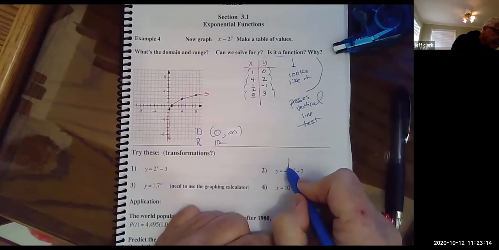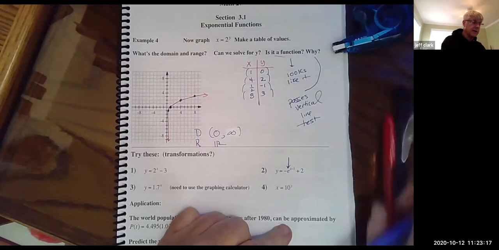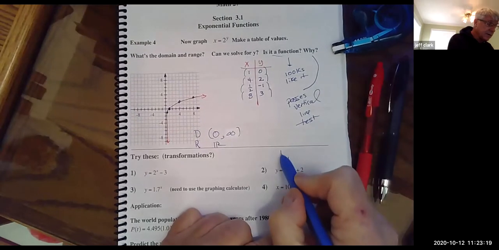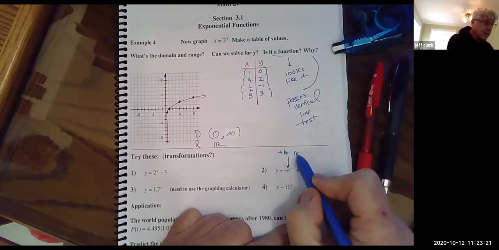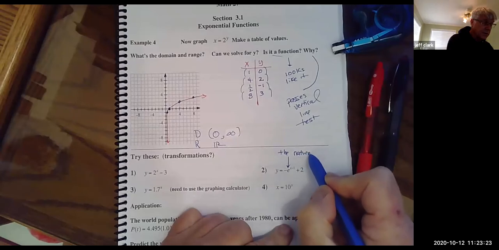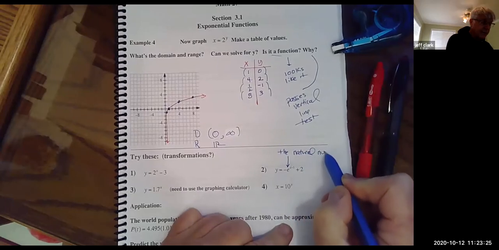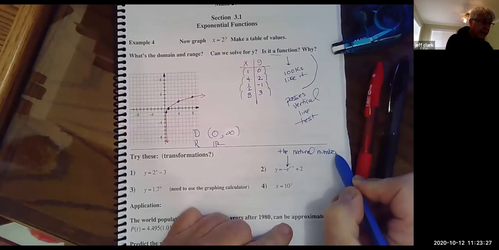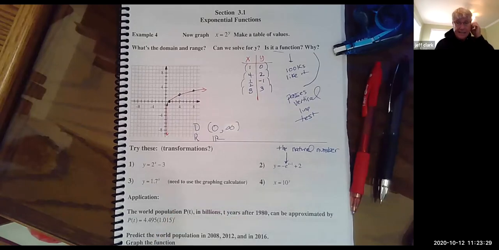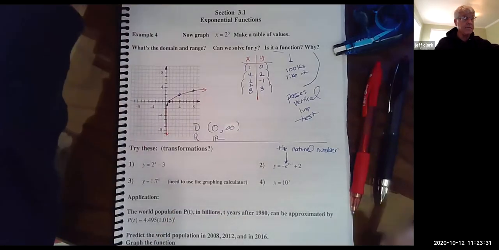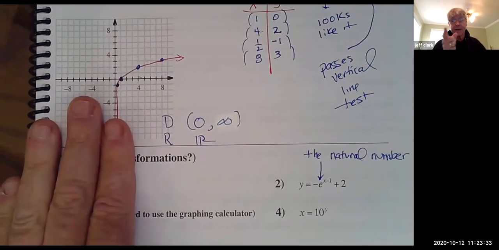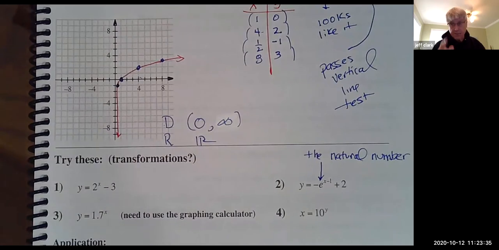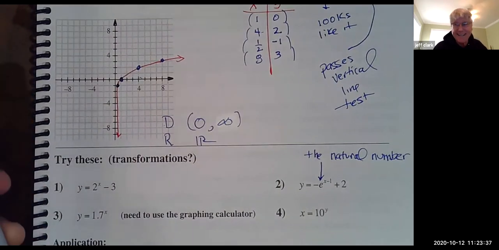Something about the e right here that I notice is called the natural number. If you've never seen that before, just know that it's called the natural number. Like pi, it's a special symbol. Pi is a Greek letter of the alphabet, but it represents the number pi.